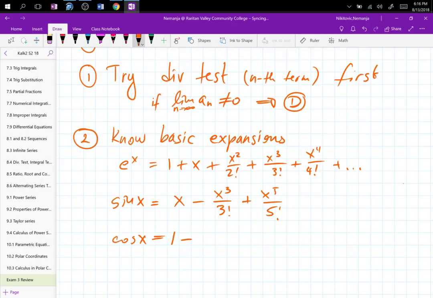Cosine is 1 minus x squared over 2 factorial plus x to the 4 over 4 factorial minus x to the 6 over 6 factorial plus forever. The next one is minus x to the 7 over 7 factorial. So all odd ones are in sine, all even ones are in cosine, which is why they're odd and even functions.